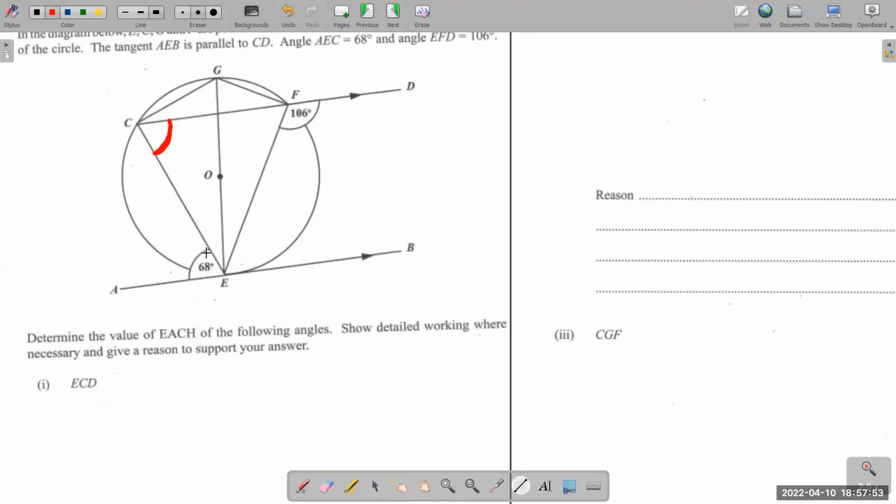So if here is 68, look at the Z. Remember these two lines parallel. So if here is 68, what is here? Excellent. Everybody following now? See how easy that was? Remember, you got to pay attention. Look at it. Open your eyes.